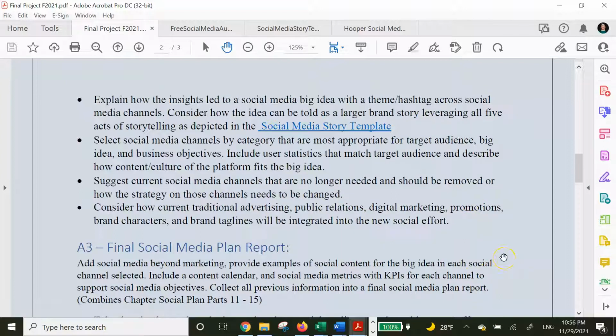And finally, you're going to consider how current traditional advertising and digital marketing promotions can be integrated into the new effort.